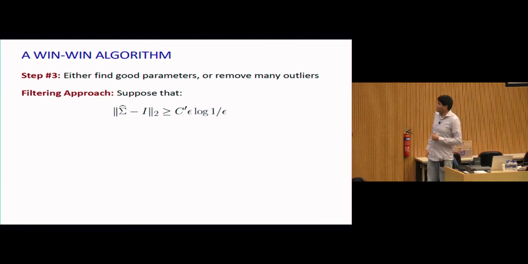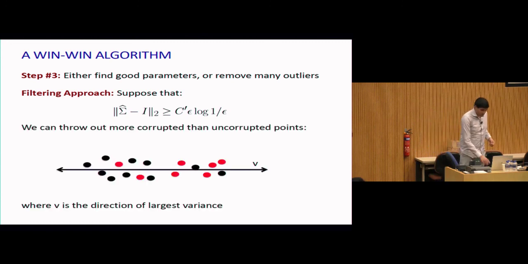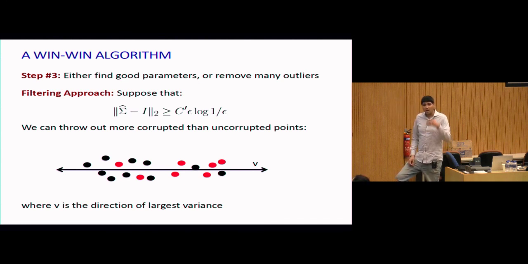So what do you do? You compute the empirical mean, you compute the empirical covariance. If the empirical covariance is close to the identity, then you know that you're done, because the adversary couldn't have moved mu hat too far from mu. What if you're in danger and sigma hat really is far from the identity in spectral norm? Well, all you would do is take the direction of largest variance. So you would take the top singular vector of sigma hat and project the data along that direction.